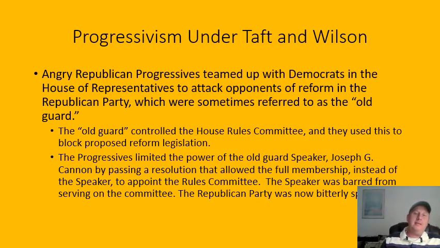So the progressives figured out a way to get around this. They limited the power of the Old Guard Speaker, Joseph G. Cannon, by passing a resolution that allowed the full membership of the House, instead of the Speaker, to appoint the Rules Committee. So at this point, the Speaker is not appointing Old Guard members to the Rules Committee. Instead, progressives are being appointed by members of the full House of Representatives.